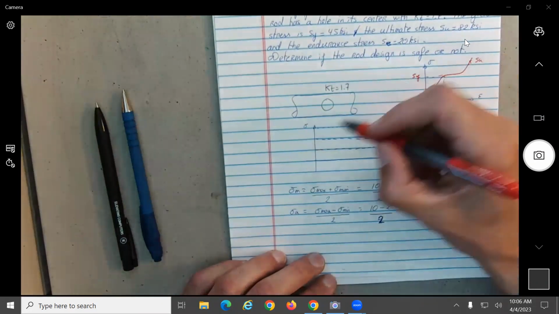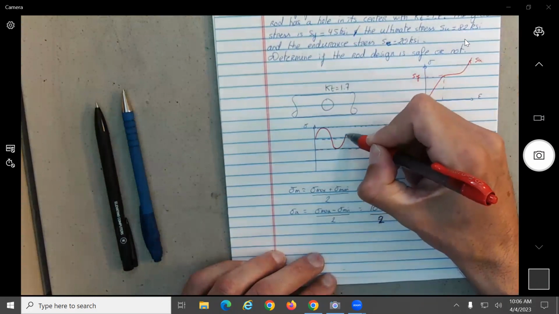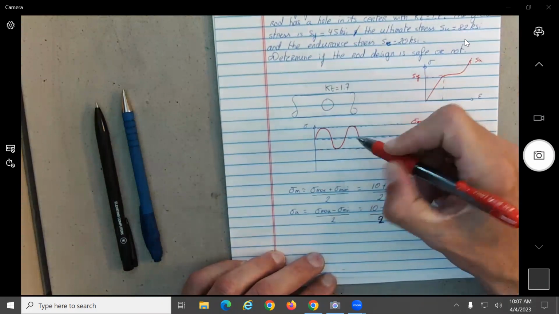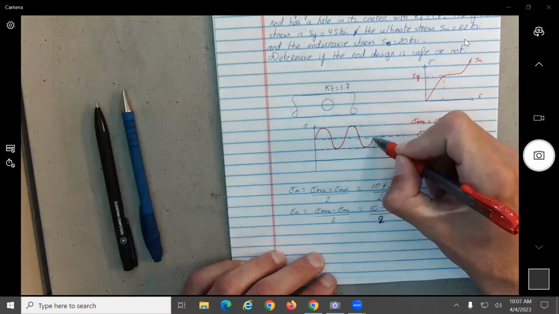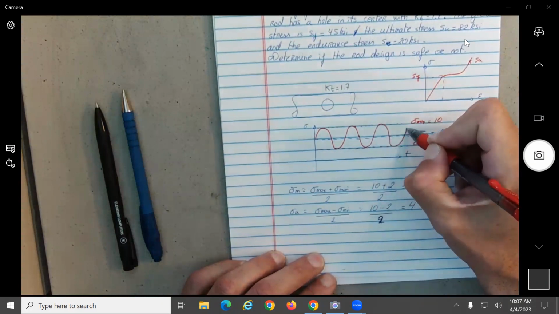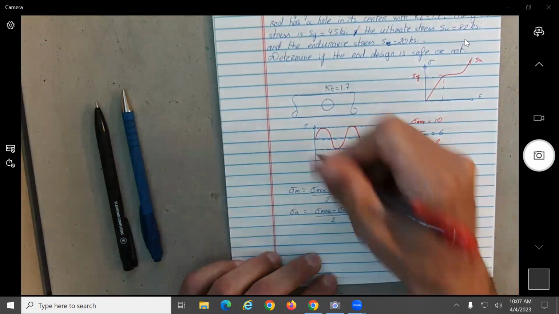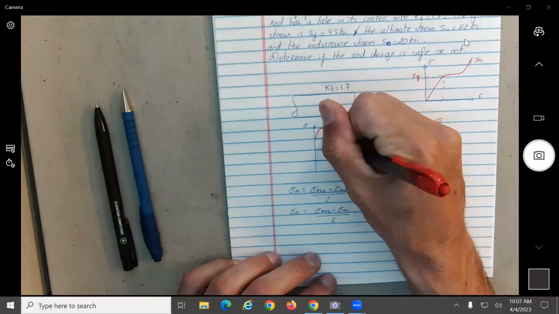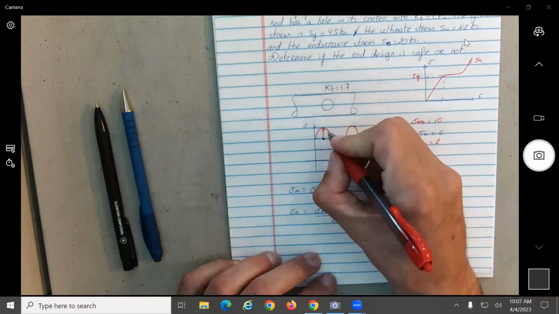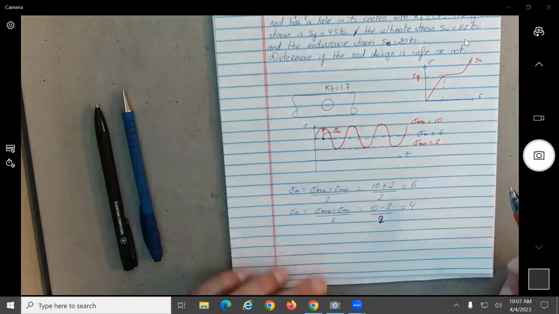It is going to alternate between this value and this value here. This is moving this way. The magnitude of the alternating stress is just this one here.